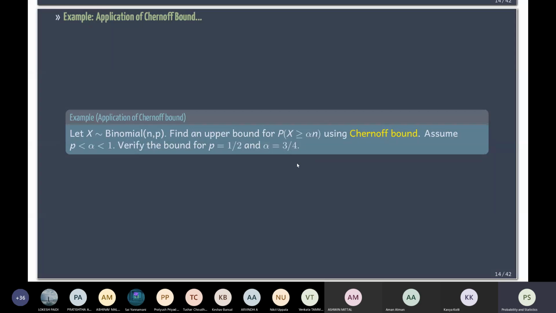The moment generating function for a binomial is something I leave up to you to verify. For X binomial(n, p), the moment generating function is known to be like this. You can take this as an exercise if you have not done this before.